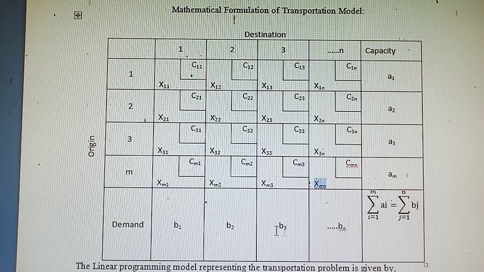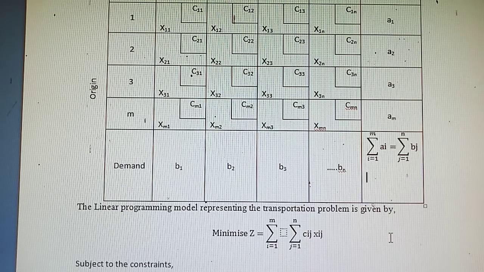Now finally, in a previous video I explained that the row sum and column sum must be equal. That is, summation of i equal to 1 to m ai equals summation of j equal to 1 to n bj. It means the total supply and total demand must be equal.